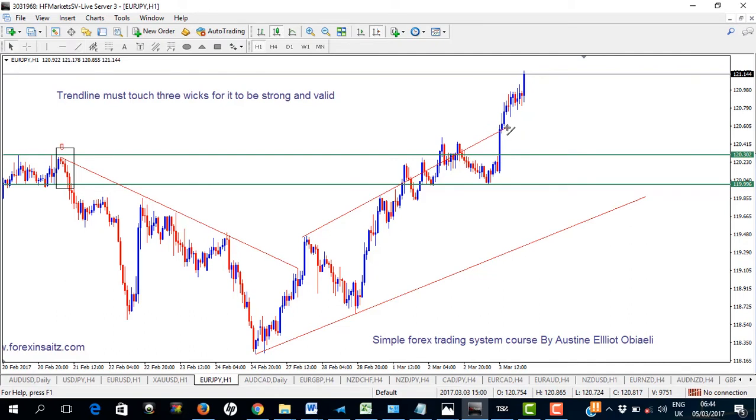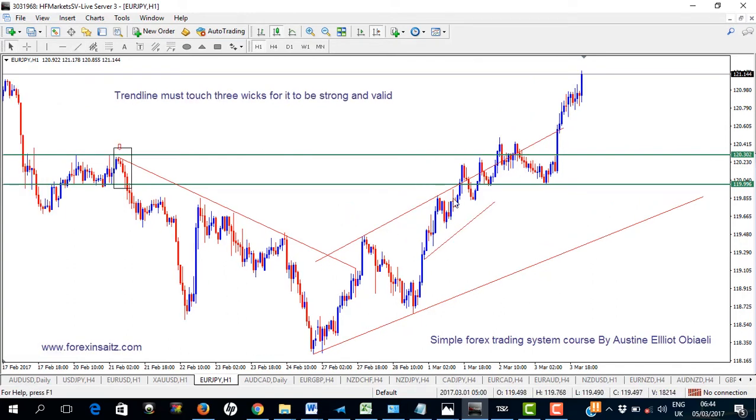This is how I draw my trend line. Like I said, the only rule guiding this is just 3 touches. Let your trend line touch 3 points, and that is enough. We don't need more. If it touches 4, it's a bonus, but at least 3. When it touches 3, it's a valid trend line. But when it touches just 2, it is not.